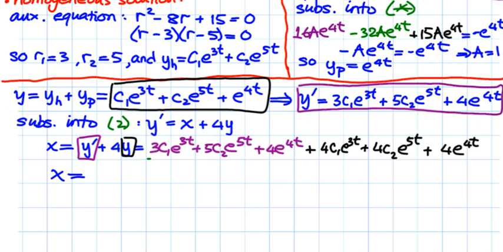This is c1 e to the 3t, 3 and 4, that will be 7.